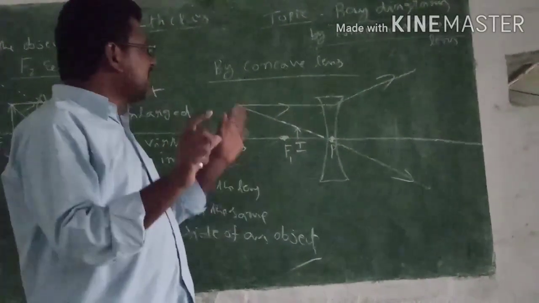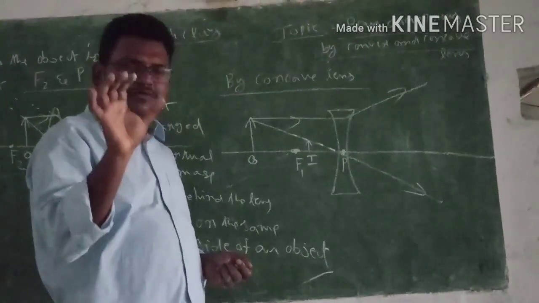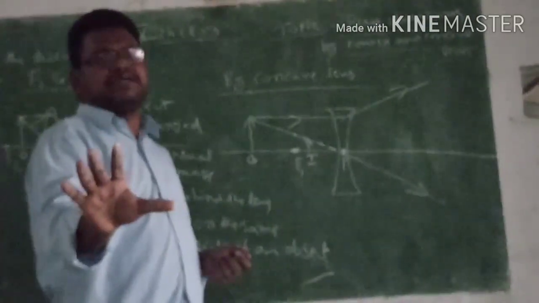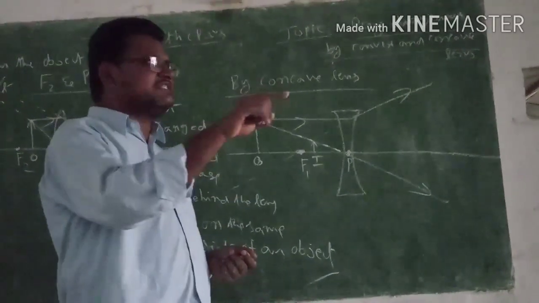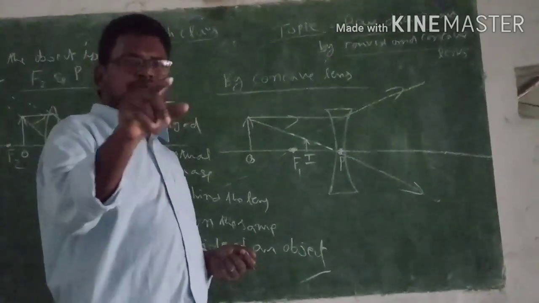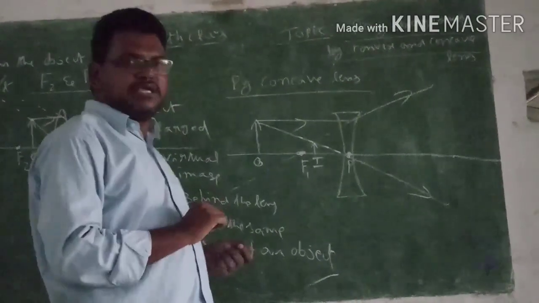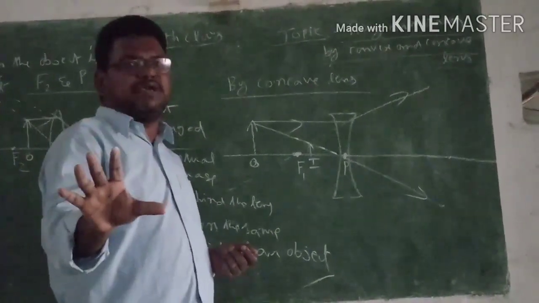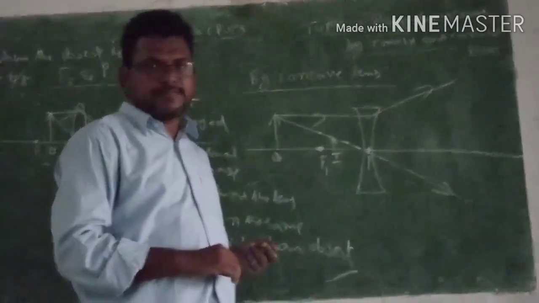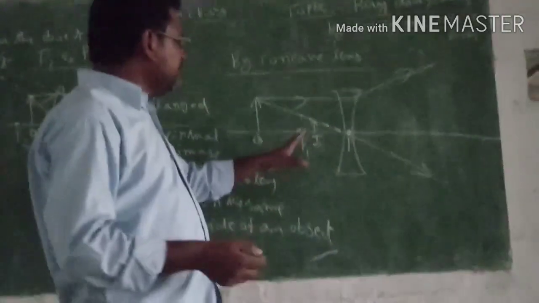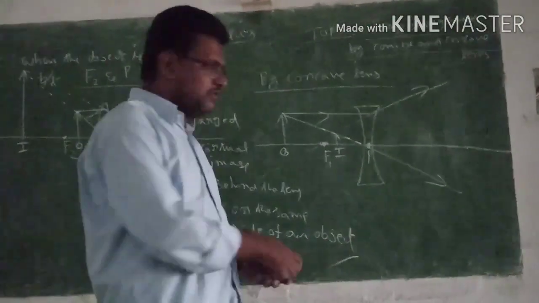So a concave lens, in any case, can form only a virtual image. A concave lens can form: A, virtual image; B, real image; C, both; D, none. A, virtual image only. A concave lens can form only a virtual image, whereas a convex lens can form both real and virtual images. So these are the characteristics of an image formed by a concave lens.